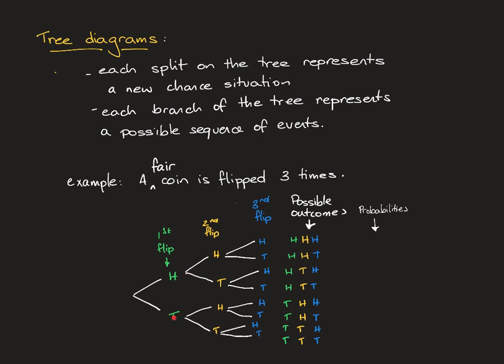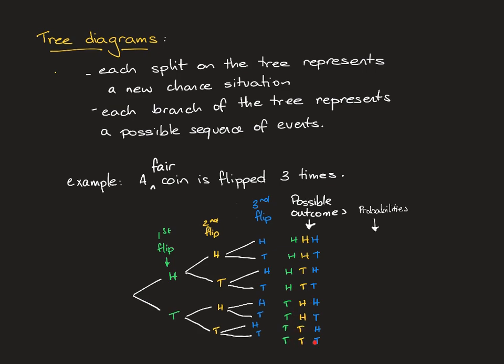If it's tails on the first flip, you still have a chance situation from there that it will be heads or tails. And so each of these columns of outcomes represents a new chance situation, the first flip, the second flip, and the third flip. So we follow along the branches to make our outcomes. These are all our possible outcomes here.